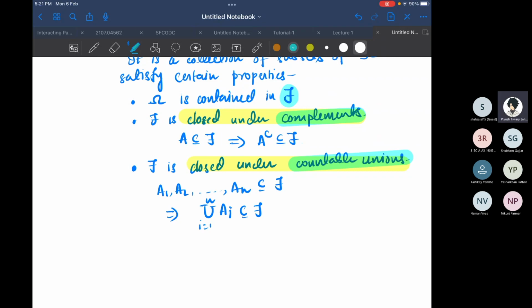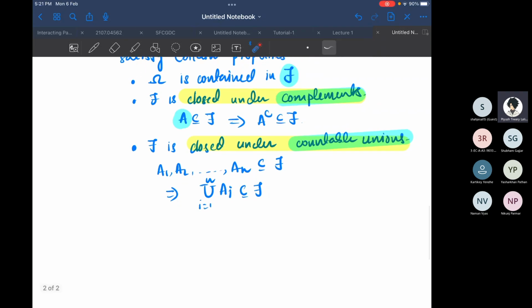So F is closed under complements: I take A, I apply the complement operation to it, and whatever I get should also belong to F. F is closed under countable unions: I take countable subsets of F, and then I apply a union over it, then that should also belong to F. That is all it means.